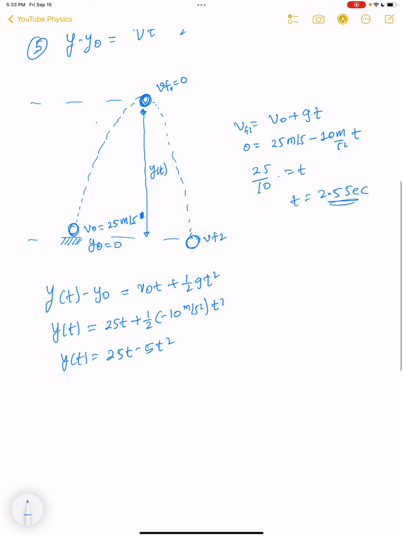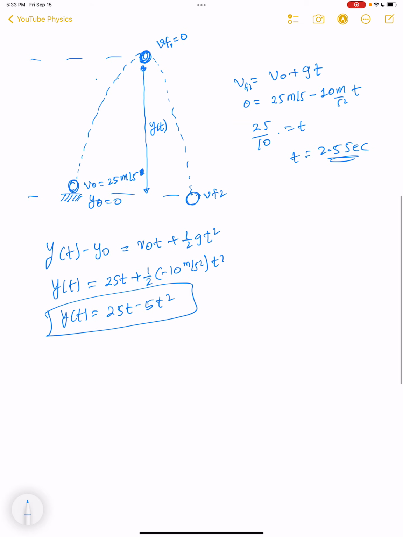So now we're able to express the position as a function of time, and this is going to be really useful. Now we're asked how much height has it traveled right before it returns. We know how long it takes, 2.5 seconds, right? So y of t at 2.5 seconds is 25 times 2.5 minus 5 times 2.5 squared. I'm going to do a quick calculation.